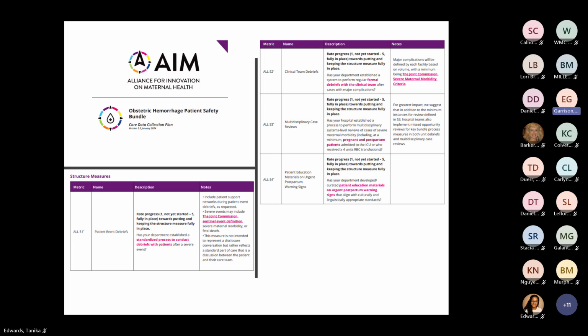And then perhaps most importantly, identify opportunities for education and system improvement. So the four processes that they recommend that each team include in their overall management of postpartum hemorrhage include a patient event debrief, a clinical team debrief, multidisciplinary case reviews, and patient education.